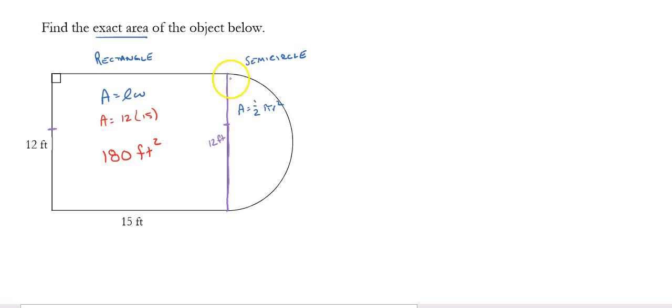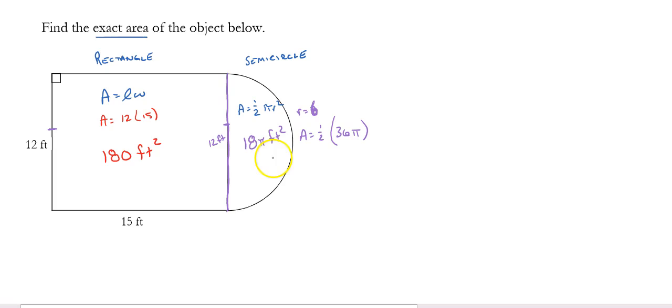If that is 12 feet and this is a semicircle, the radius is half of that. The radius is not 3, is 6. So the area is going to be half of 36 pi. Half of 36 is 18, so the area here is 18 pi feet squared.